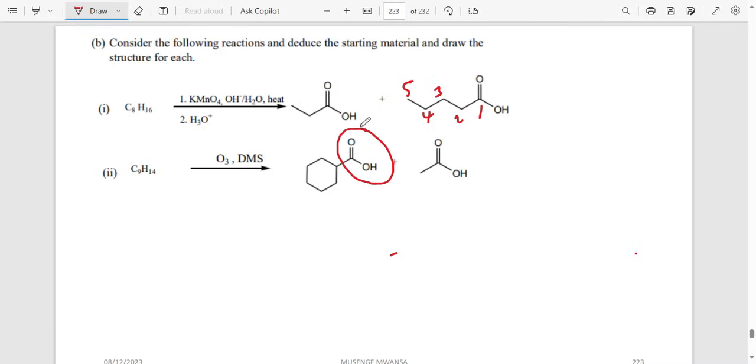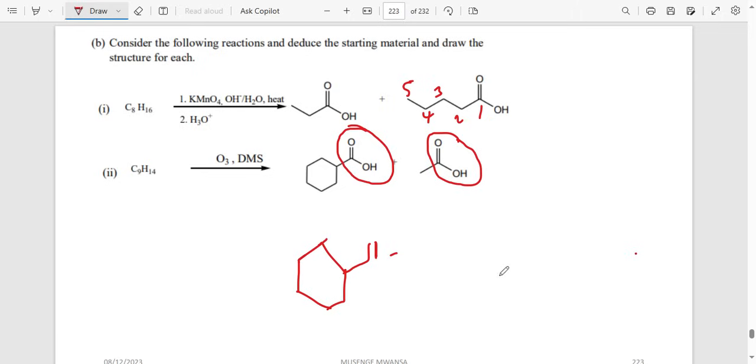Was this monosubstituted or disubstituted? How about this one? Okay, so meaning that these guys were like so. Basically, there was a double bond here. We just attached the oxygen on top, and then we attach OH down here.